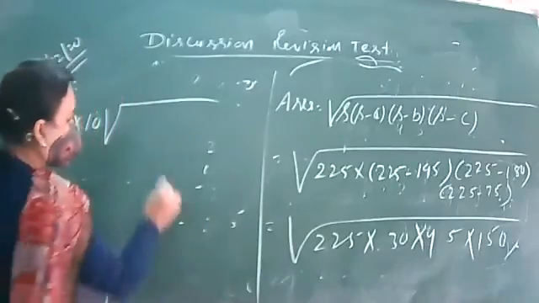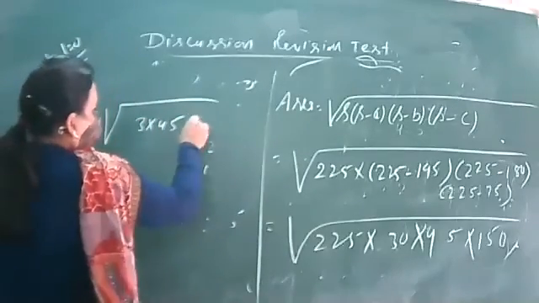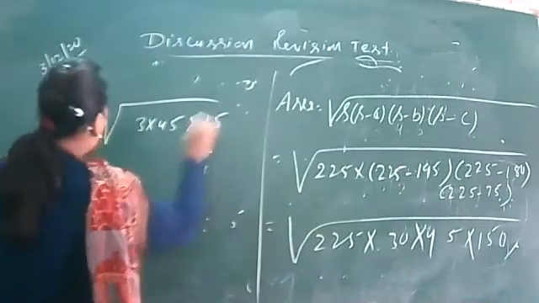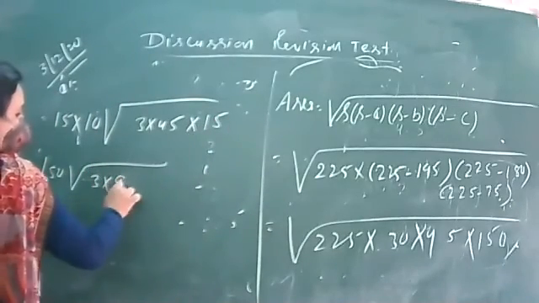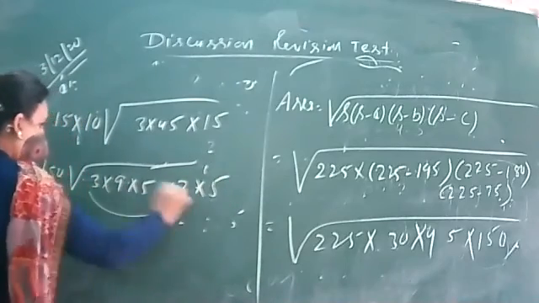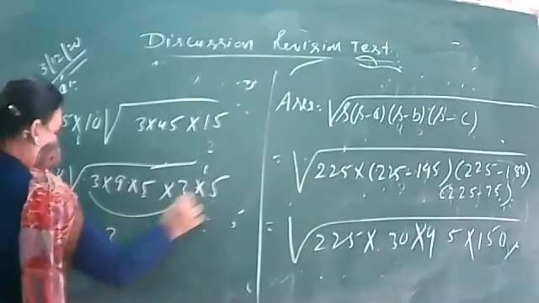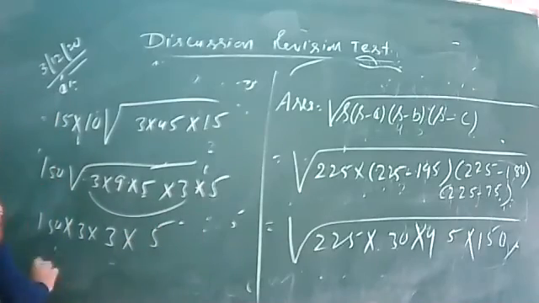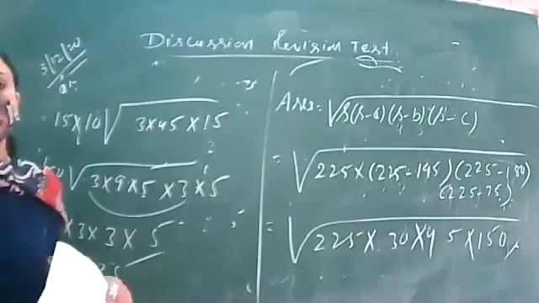Inside we have 3 into 45 into 15, that is 9 into 5, 3 into 5. The square root of 9 is 3, and 5 into 5 is 5. Multiplying, I think 6735 centimeters square will be the answer.